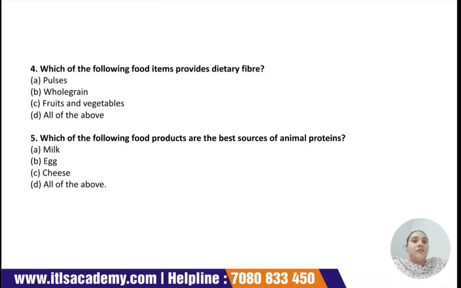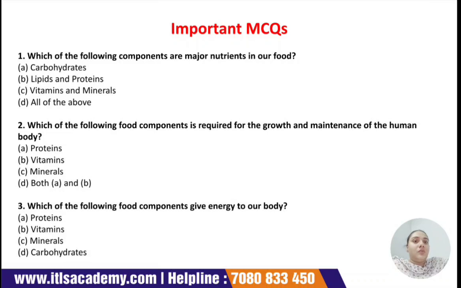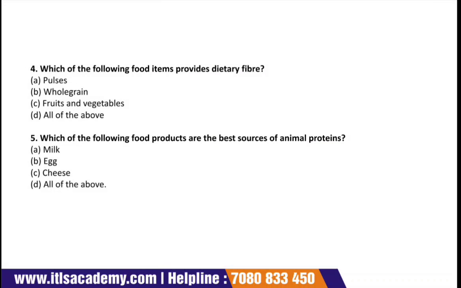Now this is the fourth and fifth question, so everybody can take the screenshot. I'm just waiting. Solve questions 4 and 5 at your place and let us see the answers. If you have any doubt, leave it in the comment section below.